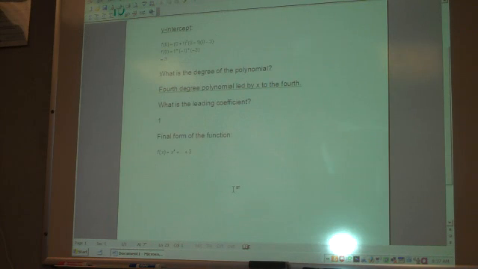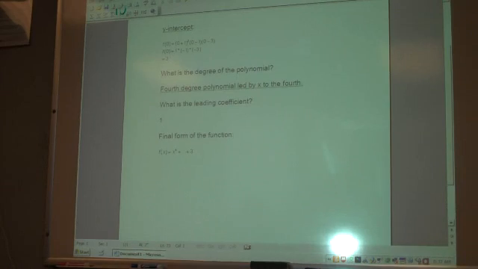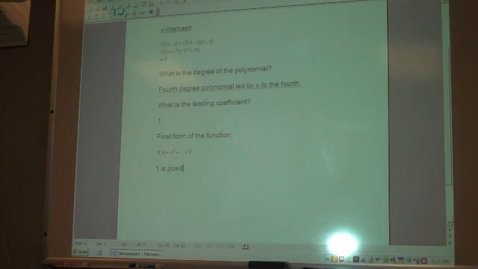Okay, we've talked about this a couple different times. So it's going to be 1x to the 4th. 1 is positive, right? 1 is positive, and 4th degree, is 4 even or odd?